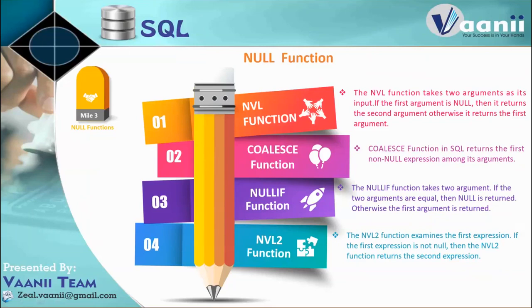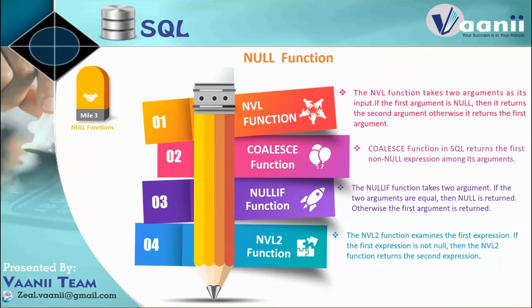So what will COALESCE do? It will give you the first not null value out of all these arguments. Then there is the NULLIF function. What NULLIF does, it again takes 2 arguments, and if both arguments are the same, it will give you null, otherwise it will give you the first argument. And then NVL2. In NVL2 we use 3 arguments, and it checks the first argument.